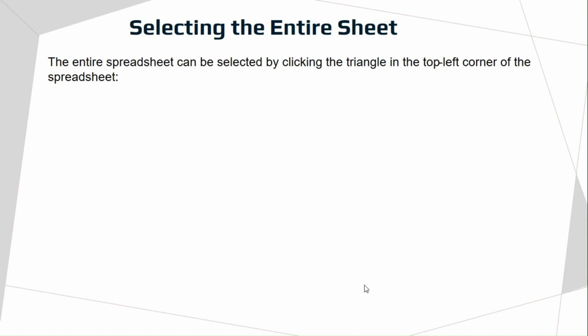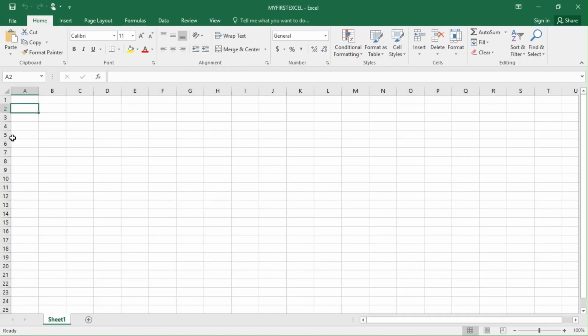Selecting the entire sheet. Another operation we have is selecting the entire sheet. The entire spreadsheet can be selected by clicking the triangle in the top left corner of the spreadsheet. Let's take a look at this again. To select the entire sheet, this is the triangle highlighted.